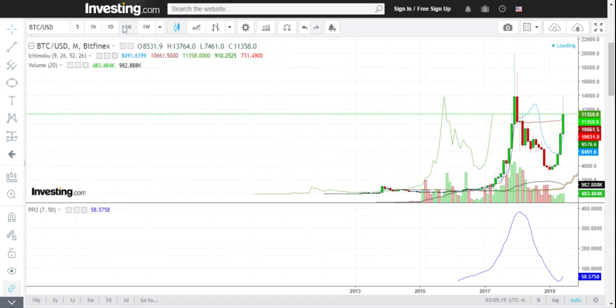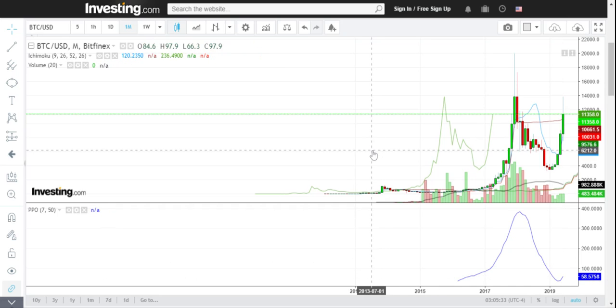And on the monthly chart, we see that the price is above the Ichimoku cloud and the price oscillator is positive, and we see a new movement up, like the creation of a new wave. So actually, the scenario for the medium long term is quite, if not extremely, positive. However, in the short term, we might experience a movement downwards.